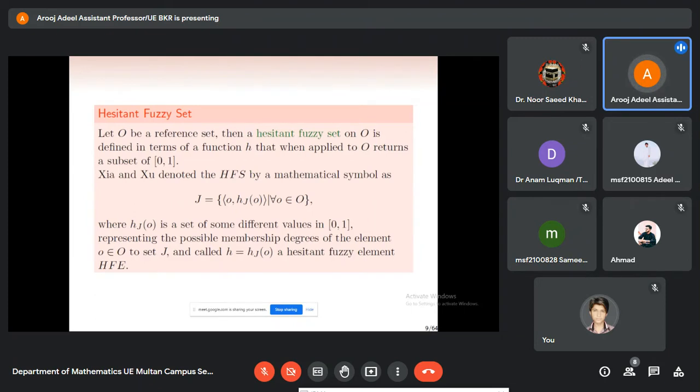Several researchers named it alphabetically, like here it is given in the form of J. Here O is the reference set element, and Hj are the different values in the closed interval [0, 1], which represent the hesitant fuzzy element.